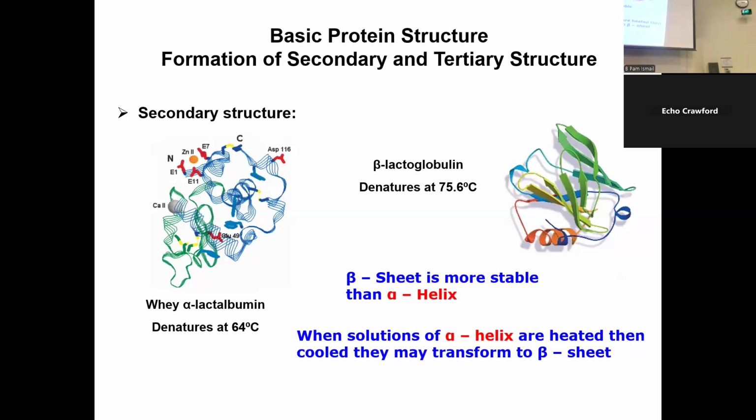More soluble? Not necessarily. It has to do with what's on the surface of the protein, the surface hydrophobicity and the charge of the protein, not the beta sheet. The beta sheet would be an indication of thermostability more than solubility.